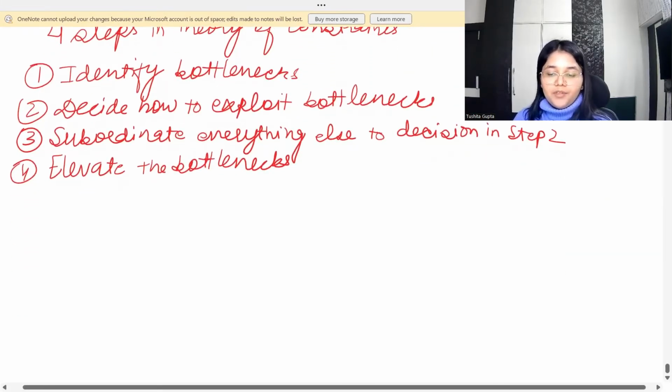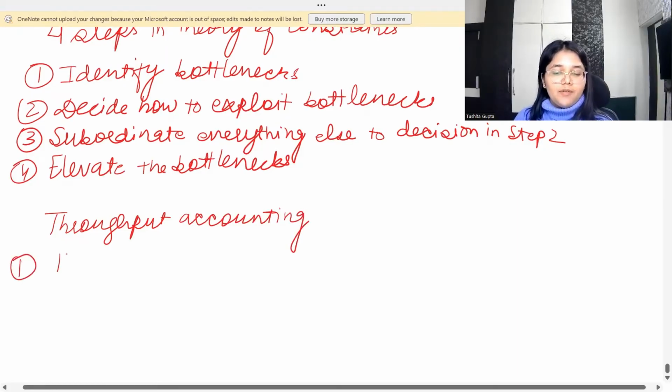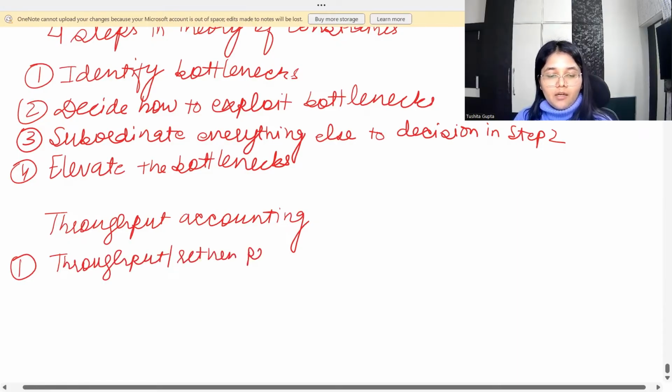Now let's talk about the various formulas that are involved with throughput accounting. Since we are revising all of the things, you can also note down all the formulas in one place. The first formula that we learn in throughput accounting is the throughput per factory hour. You can also call it the return per factory hour. So how do you calculate that?